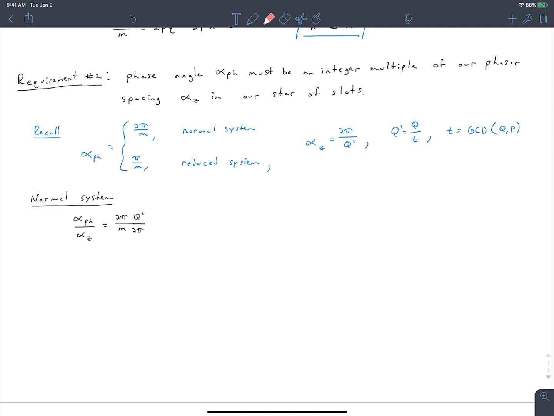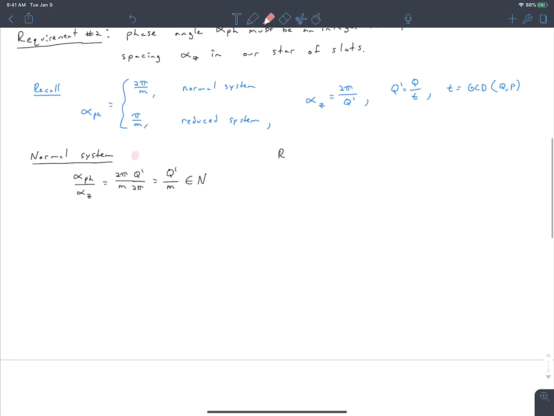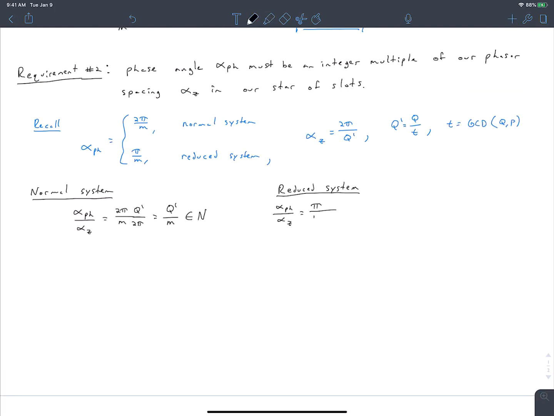So if I cancel terms, I get this simple requirement: q prime divided by m must be an integer. And then I can do the same thing for a reduced system, where now I'll be using this expression for alpha phase. And so we get this condition that for the reduced system, our q prime by 2m must be an integer.